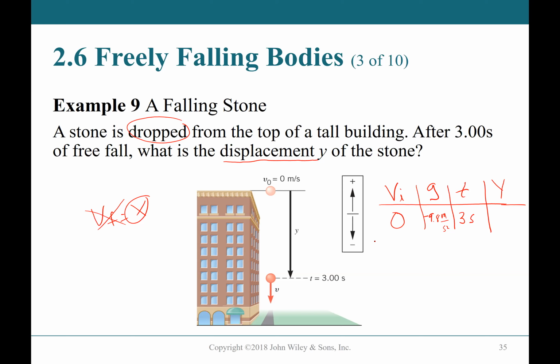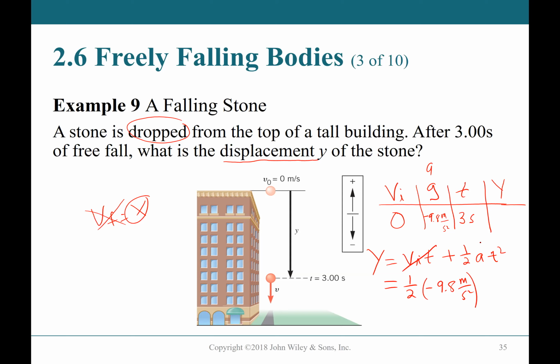And I said, oh, well, y equals v initial times t plus 1/2 a t squared. And a, I know, a is what? A is g. Vi is 0, so that whole term is gone. So I have 1/2, acceleration is g, negative 9.8 meters per second squared.